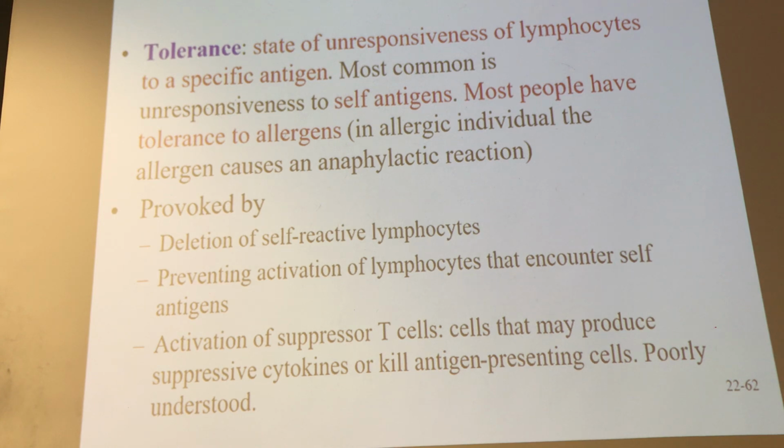Now, in terms of tolerance of lymphocytes, it means that our lymphocytes will not attack our cells. That's very important, because if your lymphocytes attack your cells, there's a lack of tolerance, and we have an autoimmune disease. So how do we prevent that? We have deletion of self-reactive lymphocytes, and we prevent activation of lymphocytes that do encounter self-antigen.